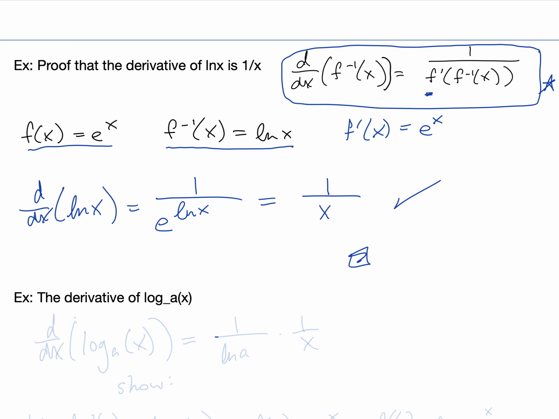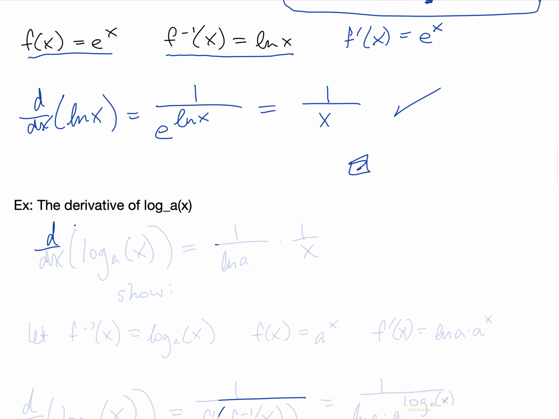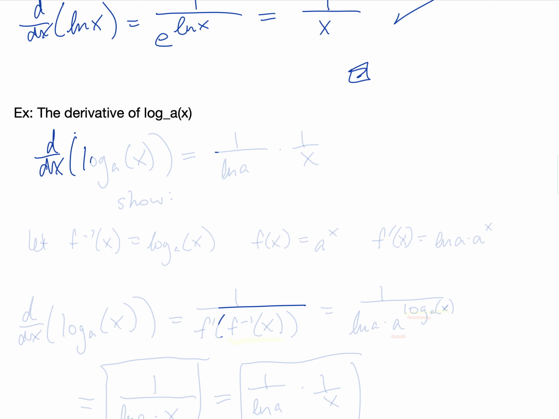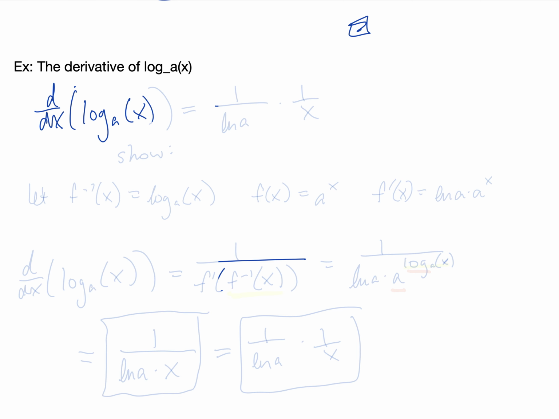Now here's a new derivative rule for us: the derivative with respect to x of log base a of x. We're going to find that in general, and we're going to show that it's 1 over natural log of a times 1 over x. We're going to show that using the inverse function theorem. So what do we need? We want to find the derivative with respect to x of log base a of x.